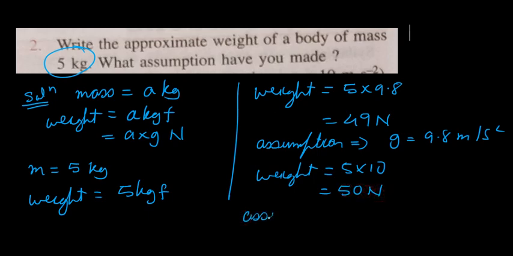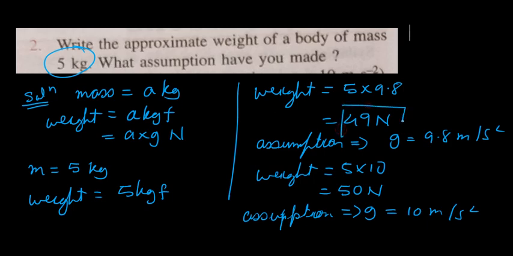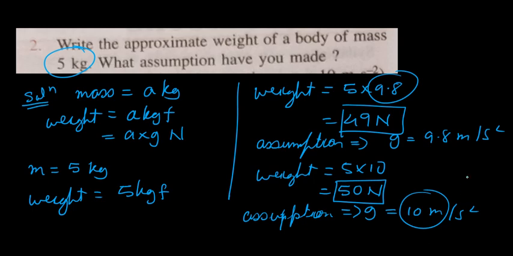So in that case your assumption will be g is equal to 10 meter per second squared. So your answer is either 49 if you take this as 9.8, or it will be 50 if you take this as 10 meter per second squared.